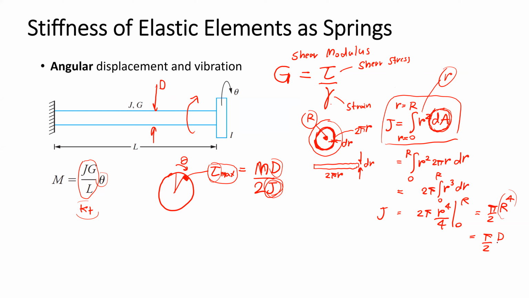Radius is diameter over 2, right? So the total is gonna be pi over 32 times d to the power 4.